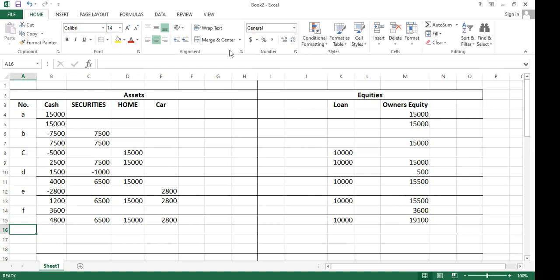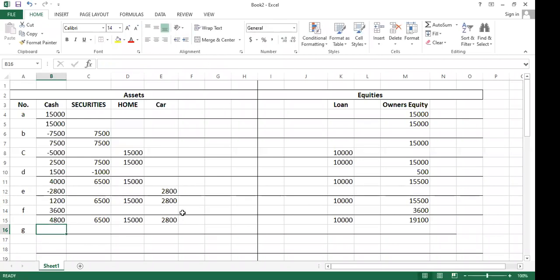G. Paid cash 500 for loan and 300 for interest. Paid 800: 500 for the loan and 300 for loan interest.